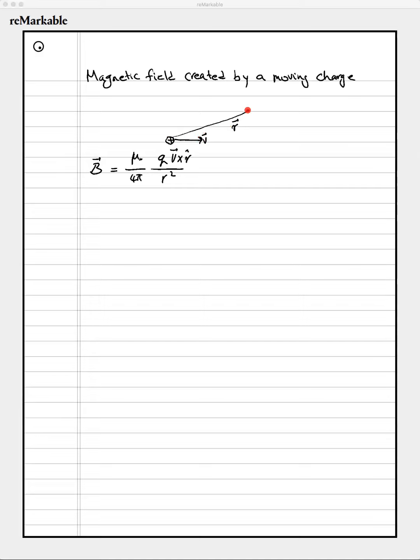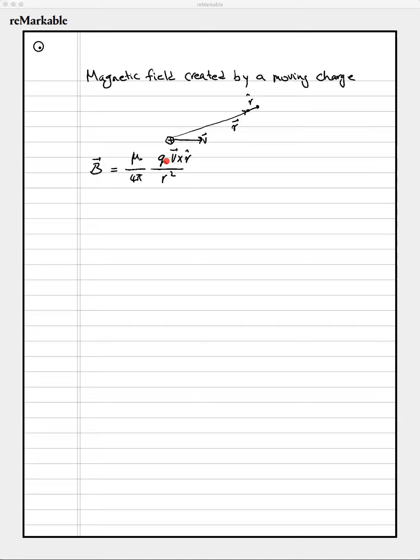And here is the vector that connects the position of the charge to the field point. R hat is a vector in the same direction as R, but with a length of only 1 unit.